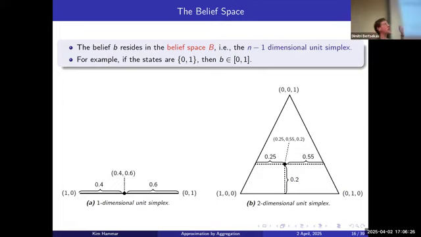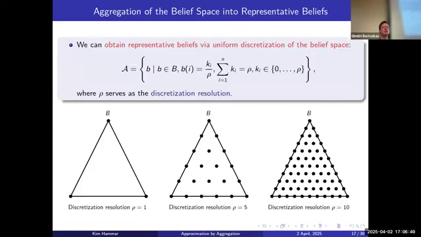Importantly, all of these spaces are continuous, which means that dynamic programming is in general going to be computationally intractable. Therefore, aggregation is a very appealing approach to approximate these problems. That is exactly what we are going to do, by simply discretizing the belief space into a finite set of representative beliefs.